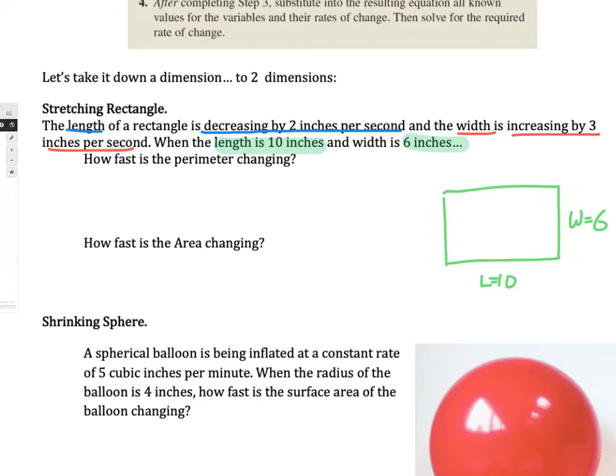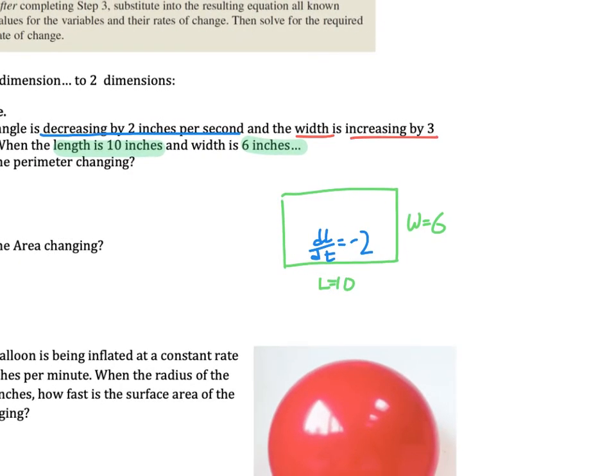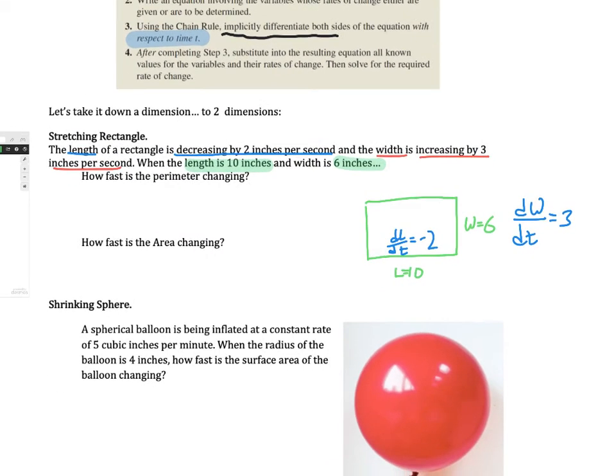Okay, and we also know that dL/dt, the change in L with respect to time, is minus 2. So it is shrinking by 2 inches per second there. We know dW/dt, the change in W with respect to time, is positive 3. It's growing, okay?